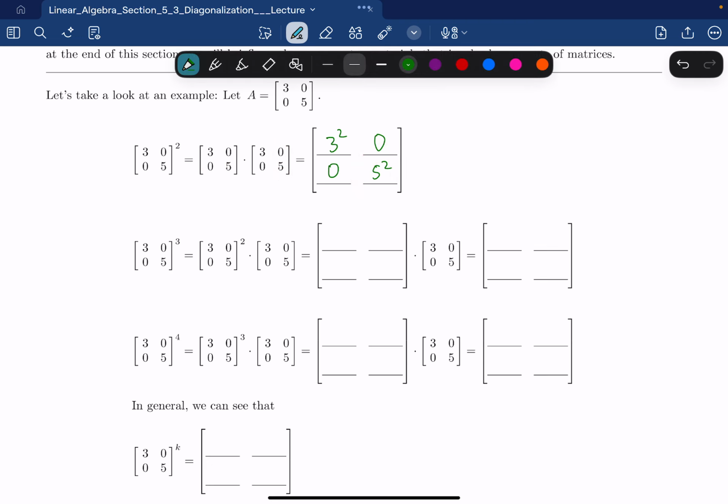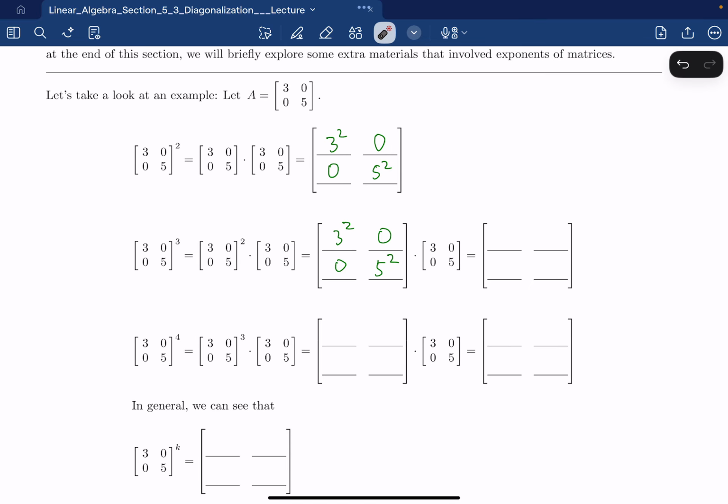Okay. Similarly, if I calculate A cubed, that's just A squared times A itself, and we just calculated A squared, which is 3 squared, 0, 0, 5 squared. If I multiply by A again, we have the same concept: 3 squared times 3 plus 0 times 0, that's 3 cubed.